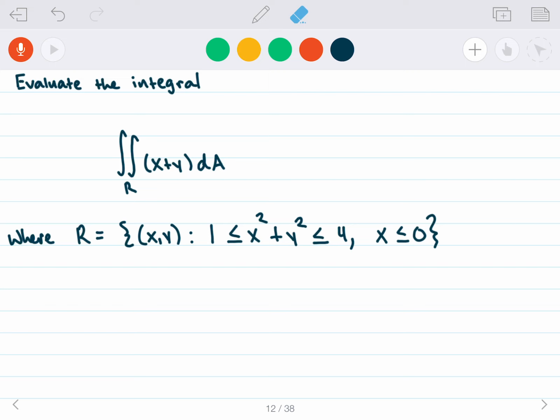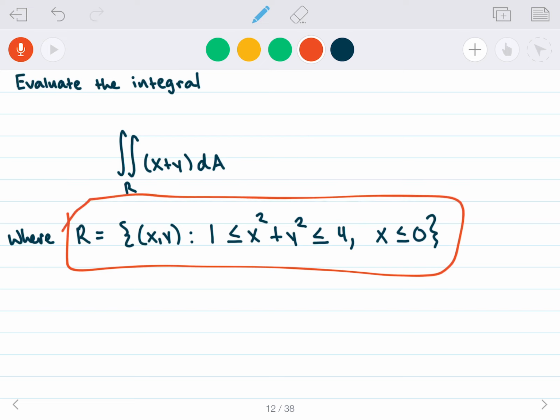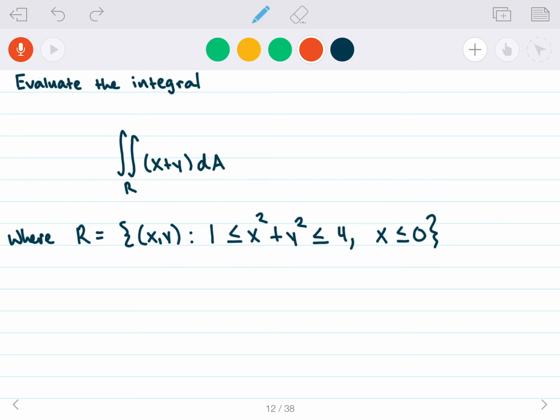All right, so we want to integrate x plus y over the region described below. Again, figuring out the region where we're integrating is always the hardest part. So what I encourage you to do throughout this video is pause it and see if you can figure out the region. The easy part is getting this stuff in terms of r's and thetas.